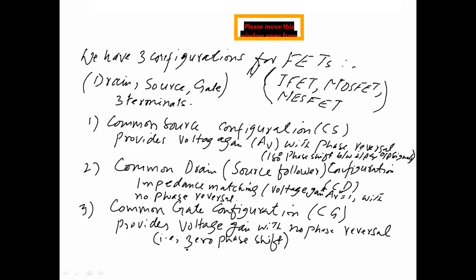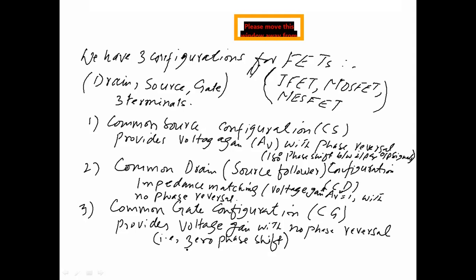In the common gate amplifier circuit, because the gate is common between the input circuit and output circuit, the signal is applied at the source of the FET, and the output is taken from the drain terminal of the device.